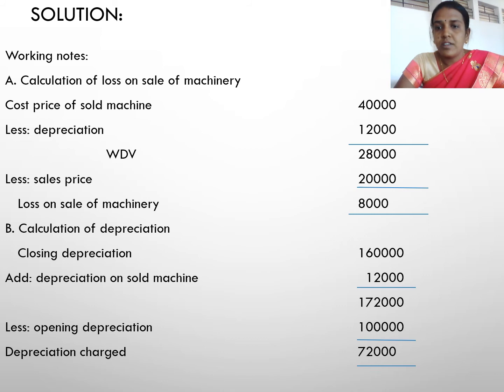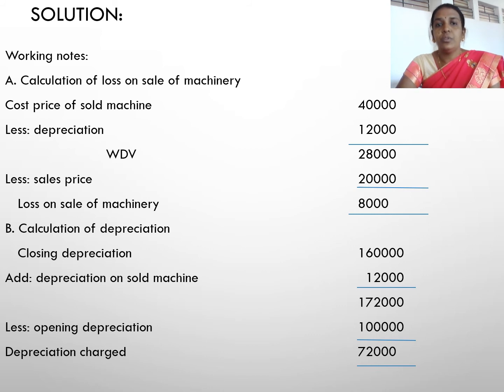Dear students, before preparing cash flow statement, there are certain working notes which you have to work out to know certain figures. See working notes. First one is the calculation of profit or loss on sale of machinery. There is a sale of machinery during the year 2017.